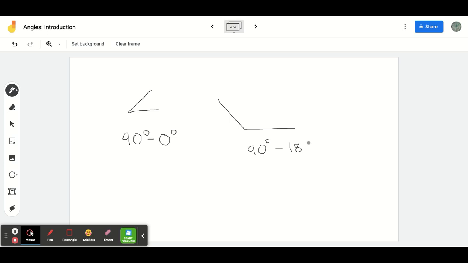And you may be asking, what if it's 90 degrees? Which one would it be? That would be called a right angle. A right angle would look like this, and it would have this little square here to signify that it's a right angle, or exactly 90 degrees.